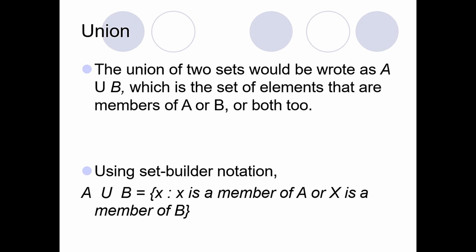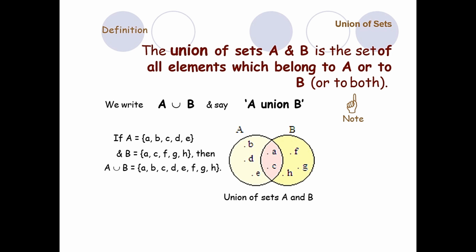Using the set builder notation, A ∪ B is equal to all x such that x is a member of A or x is a member of B. Remember, in this union, we get all the members of one set together with the members of the other set.